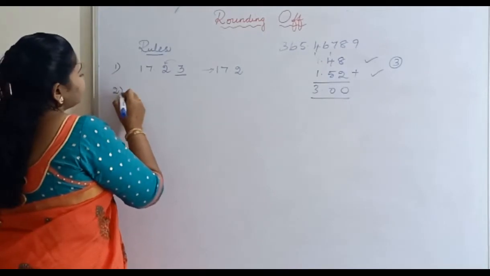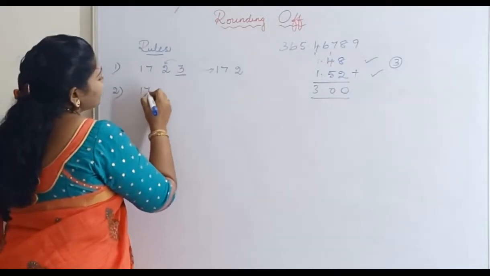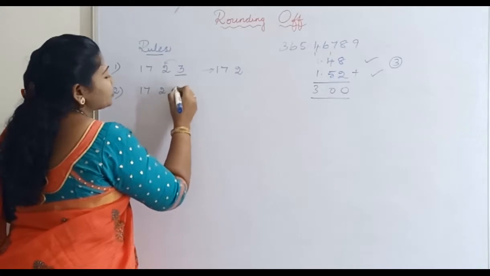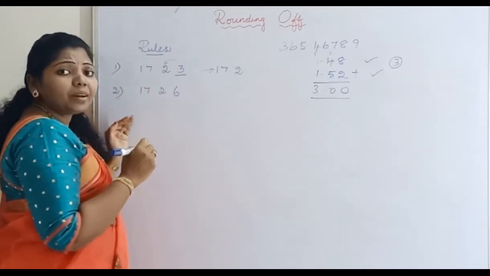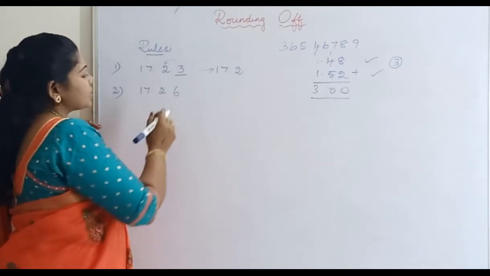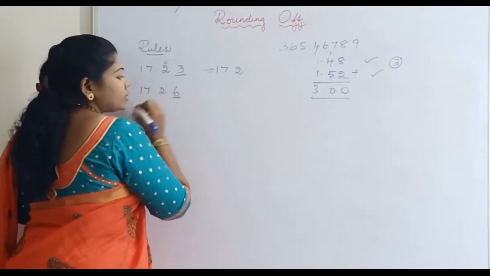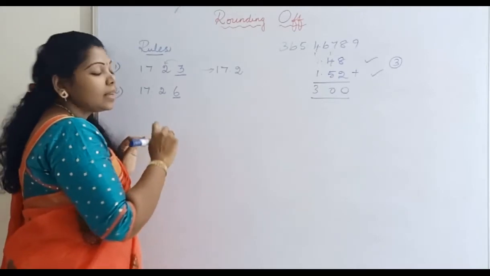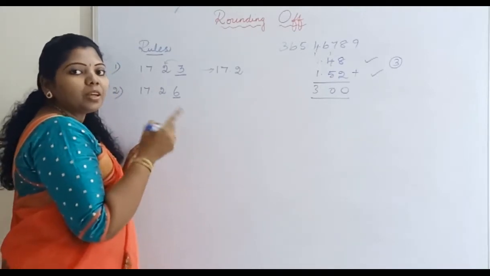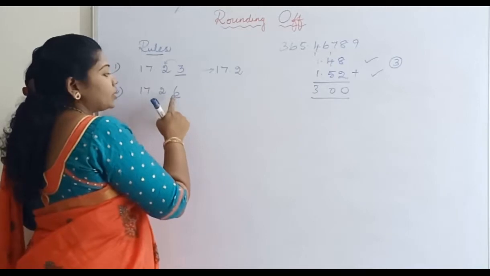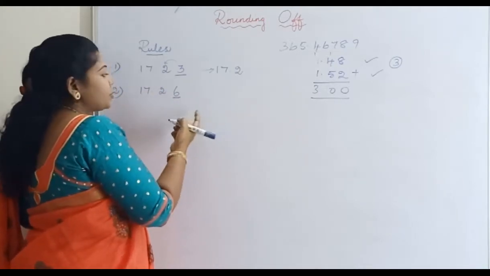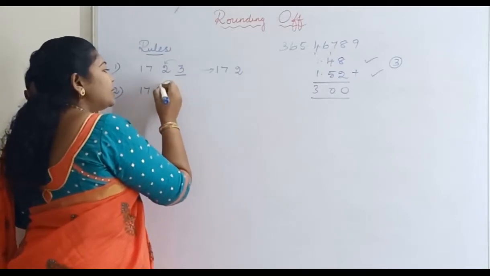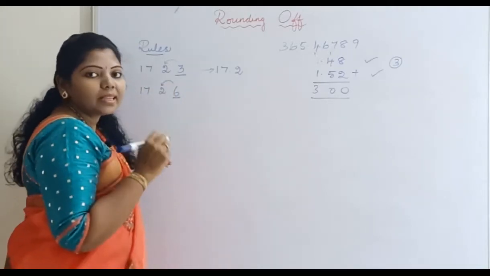The second rule is, if I take a number 17.26 and want to round off to 3 significant figures, see the fourth digit. Here the fourth digit is greater than 5. So if the digit to be dropped is greater than 5, then the preceding digit should be increased by 1.